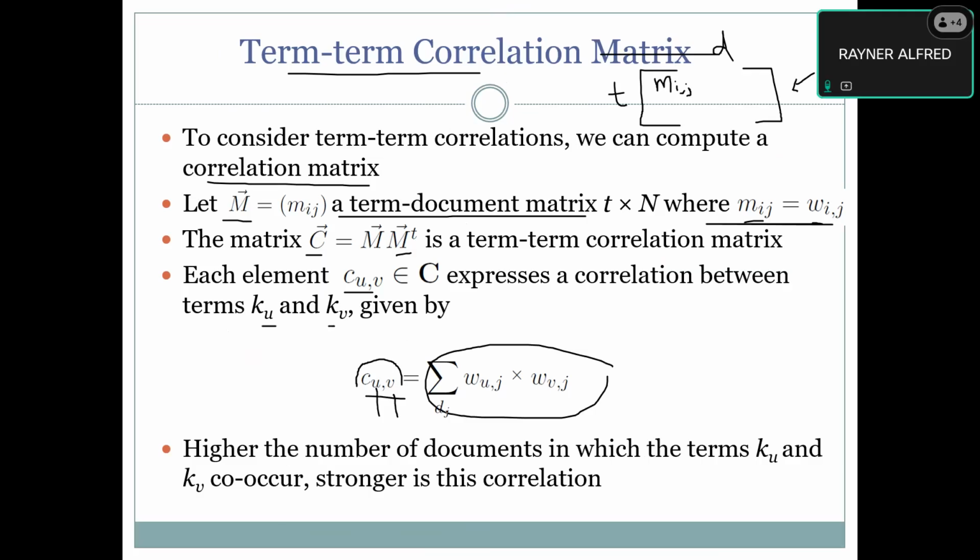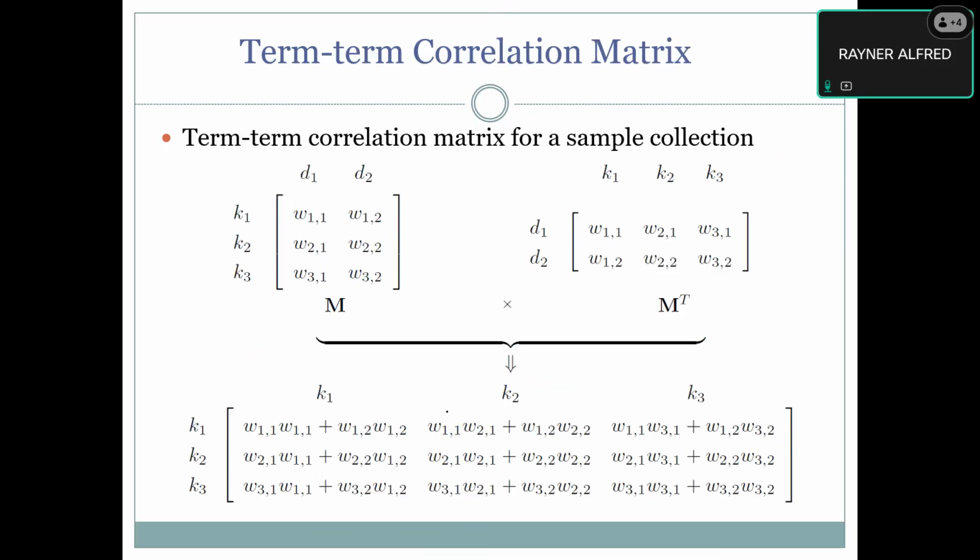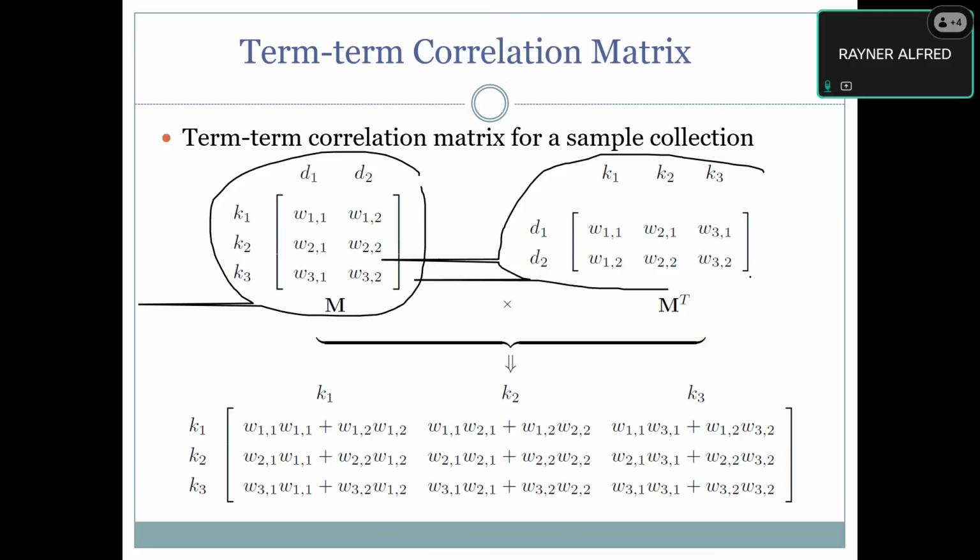Let me show you one example. We have this matrix, and with the transpose, we get this, right? So we take the multiplication of these two matrices.